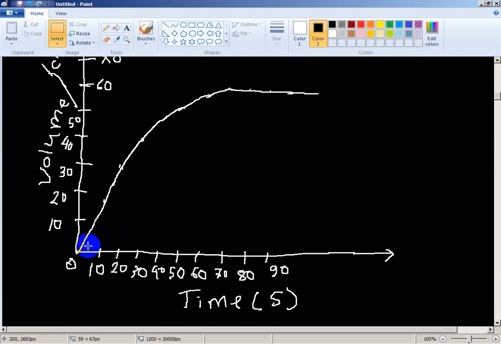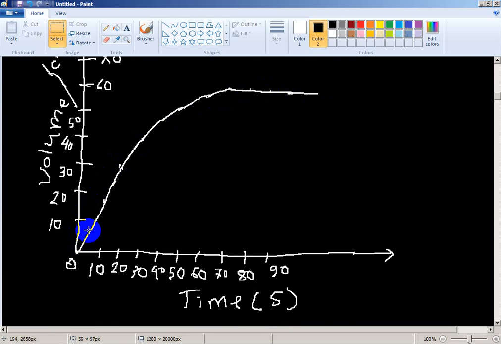Okay, at the beginning this is very steepest. Steepest means you see it is vertical here. This is less steeper, and now we are finally flat.